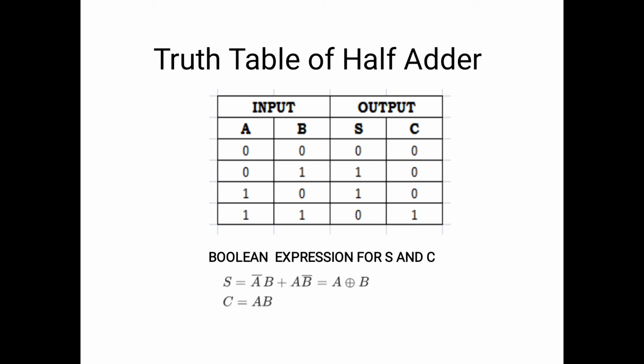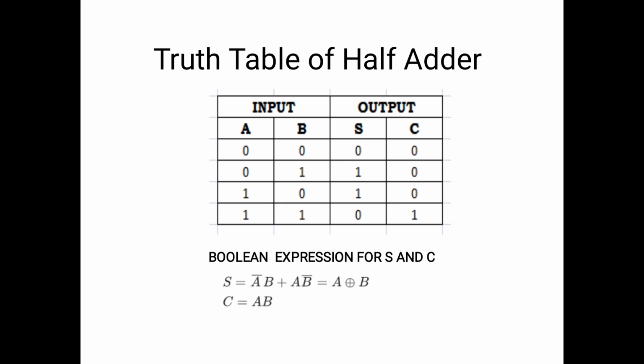As there are 2 ones in this column, it means there are 2 terms, and these 2 terms are written in the form of inputs, that is A and B. So the first term is A complement B and the second term is A B complement. This can also be written as A XOR B. This is the same output.